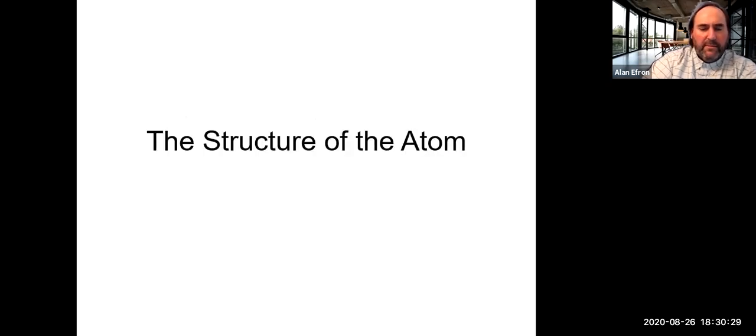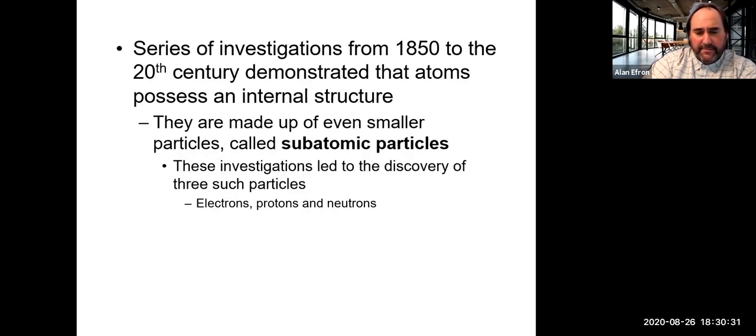Let's talk a little bit about the atom and the structure of the atom. The atom is really the basic unit of any element. Although atoms are extremely small, experiments were done that discovered they do contain even smaller particles, which are referred to as subatomic particles.